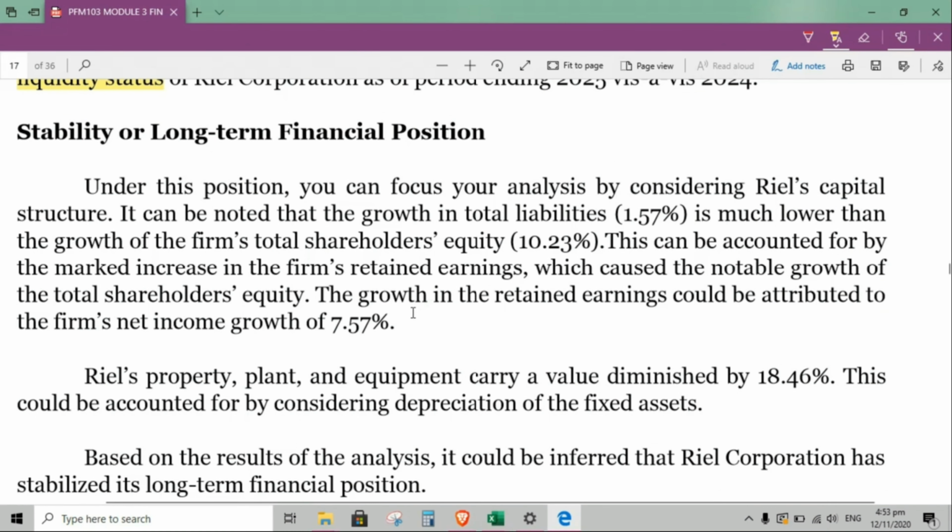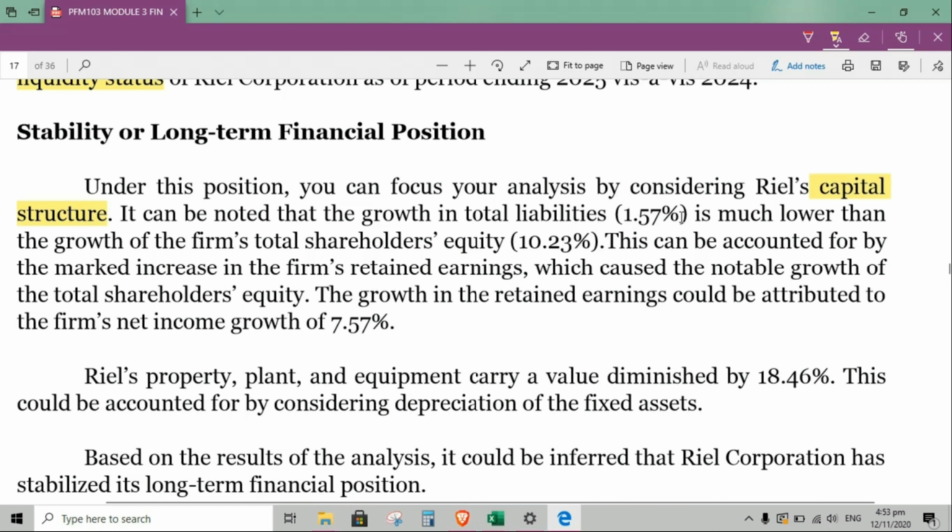Next is the stability or long-term financial position. Under this position, you can focus your analysis by considering Real Corporation's capital structure. It can be noted that the growth in total liabilities is much lower than the growth of the firm's total shareholders' equity.